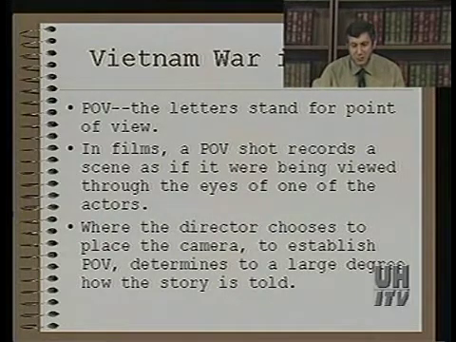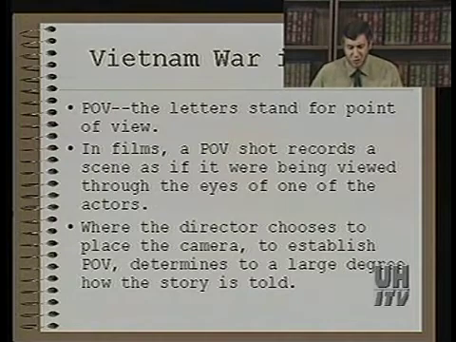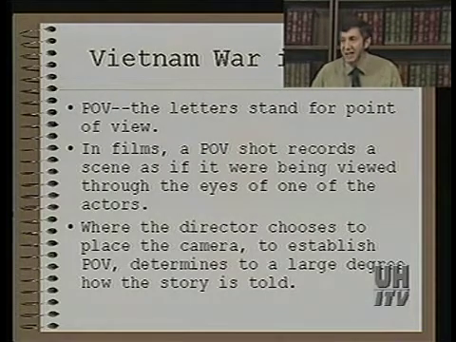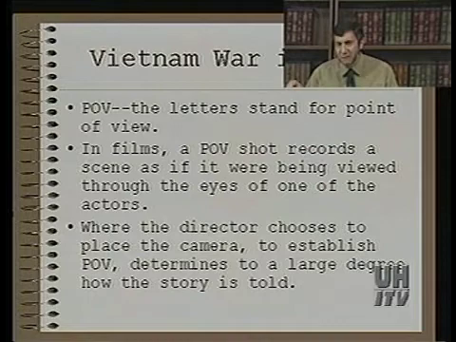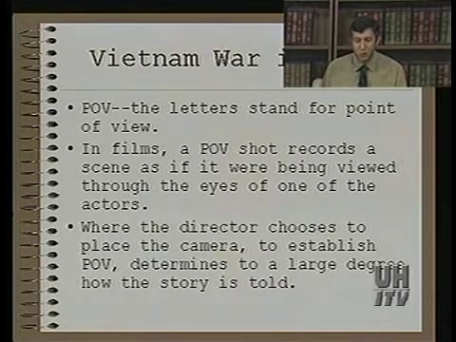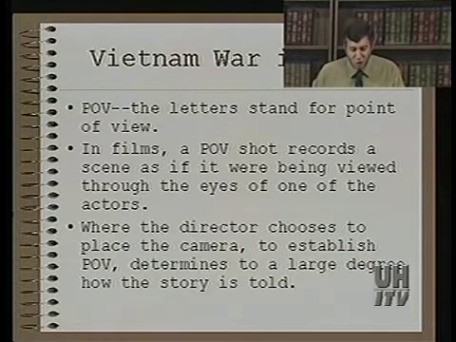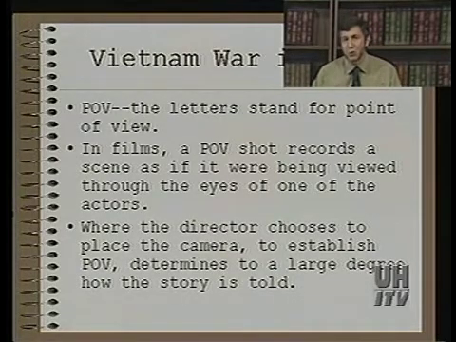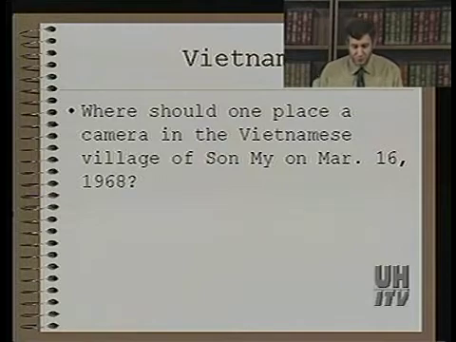In films, a POV shot records a scene as it would be seen through the eyes of the actors themselves. Where the director chooses to place the camera determines how the story is told.